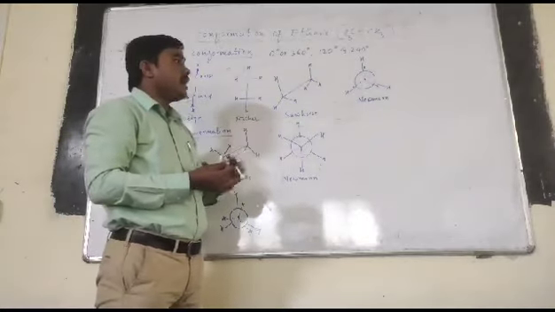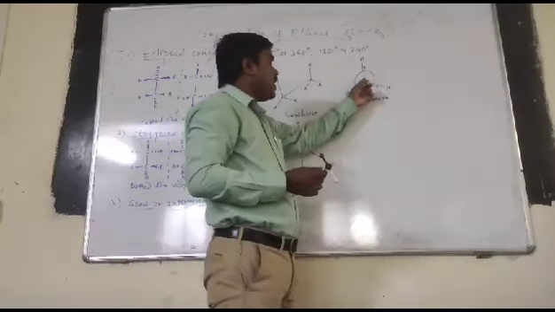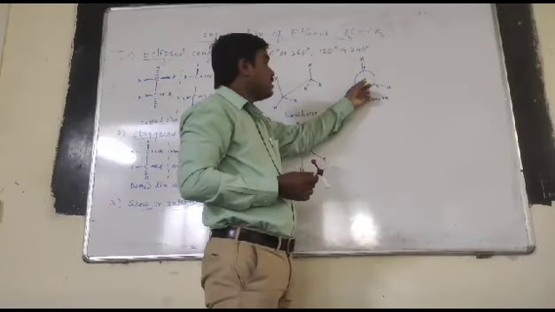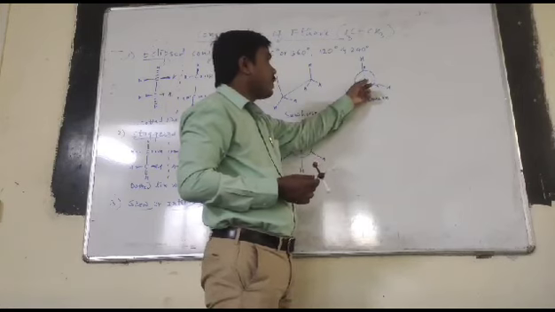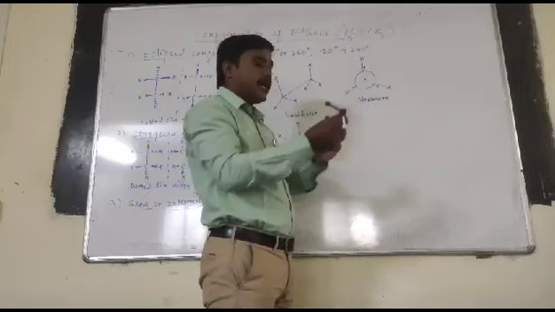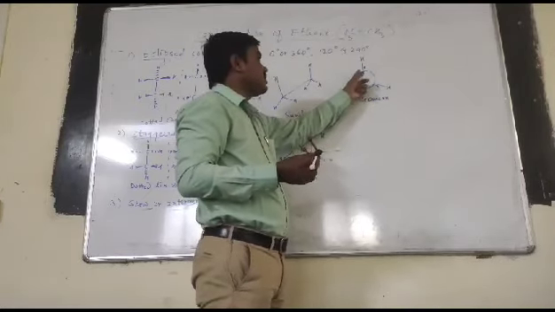And finally, in the Newman projection formula, the front carbon atom is represented by the point at the center of the circle, and the rear carbon atom is represented by the circle.